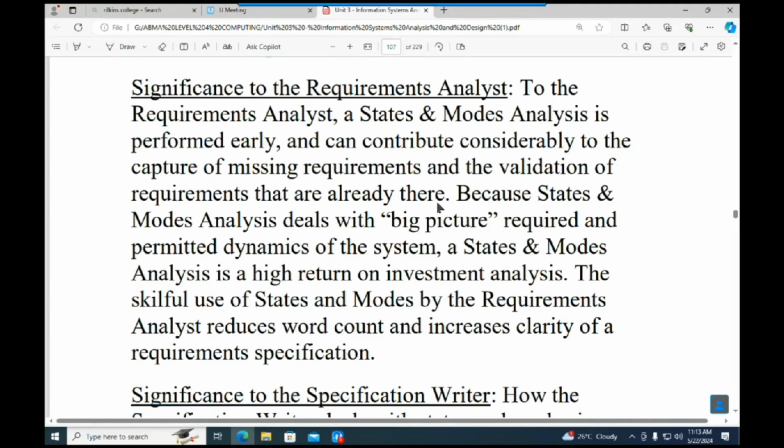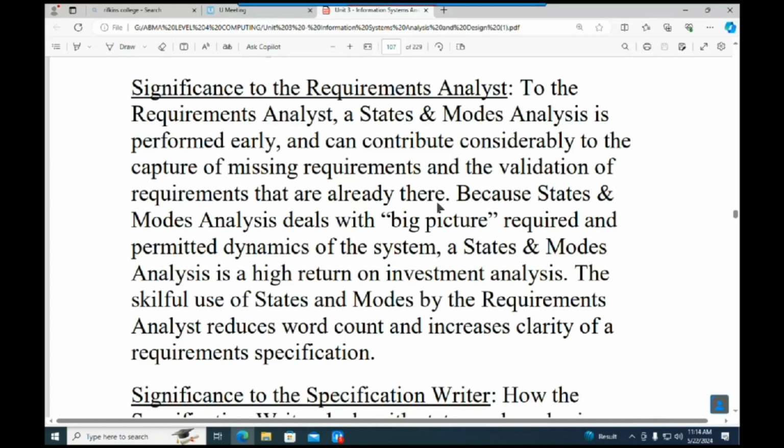Now we have the state and modes analysis that is going to deal with the big picture of what is required or permitted in the dynamics that the system is extending to. So when we look at the analysis, it is a high return on investment analysis, because the person needs to skillfully use those states and those modes.